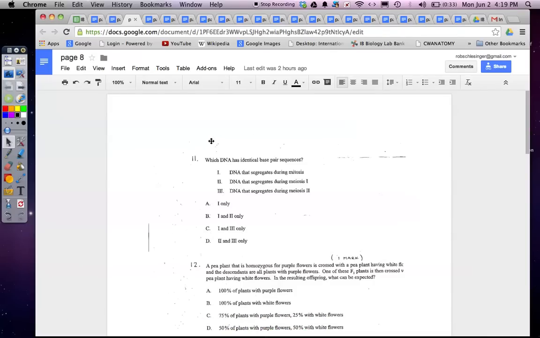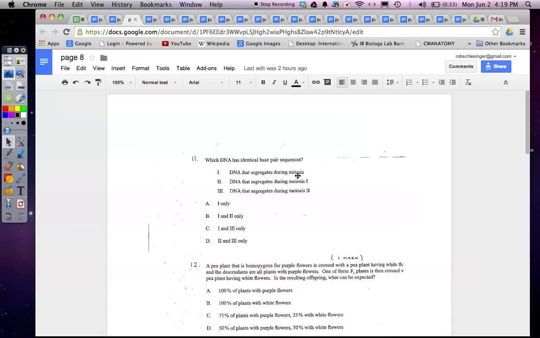Number 11 was really tough for lots of folks, and that's understandable. The question asks, which DNA has identical base pair sequences? Now you've got a couple of different options here. You can go with the mitosis options, or you can go with the meiosis options, or you can go with a mix of both. But you got to think about what are the overall goals of mitosis and meiosis.